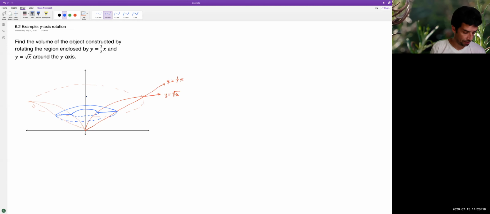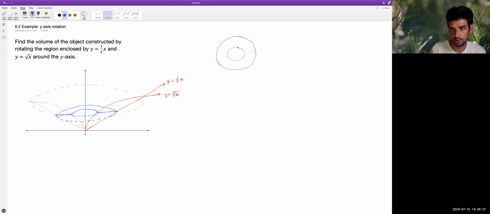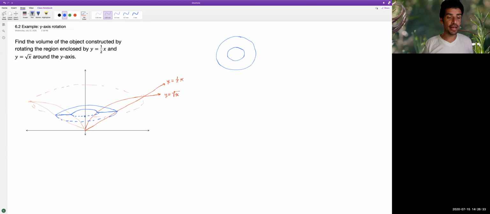So let's think about this shape right here. If I pull this disc out, this ring, I'm going to construct an area function for this ring. But now my area is going to depend on y instead of x. Okay?